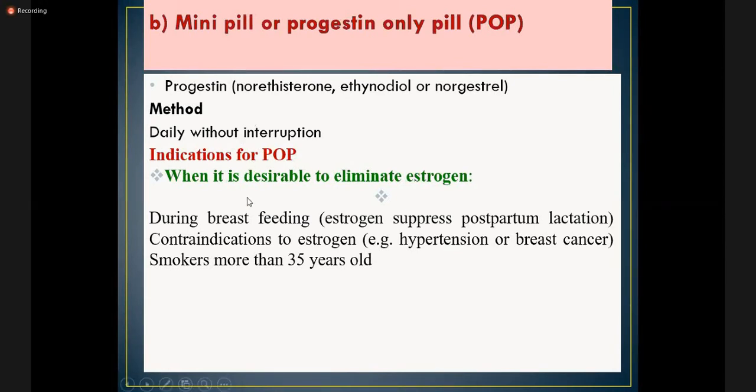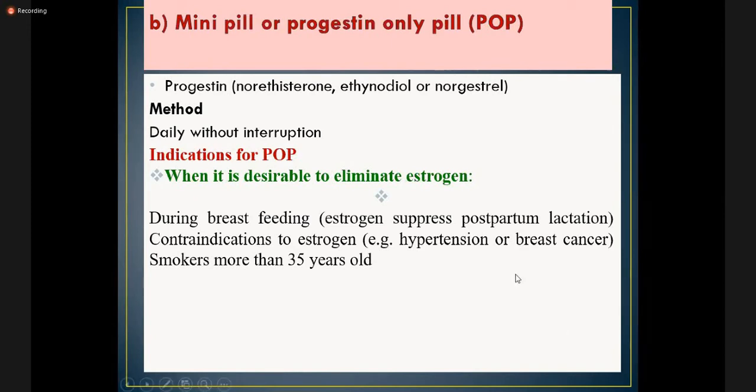During breastfeeding, number one example, estrogen suppresses postpartum lactation, so we cannot give the estrogen component. Contraindications to estrogen: hypertension or breast cancer, and a smoker more than 35 years old. So these are the conditions in which we are going to use the progestin-only pill.